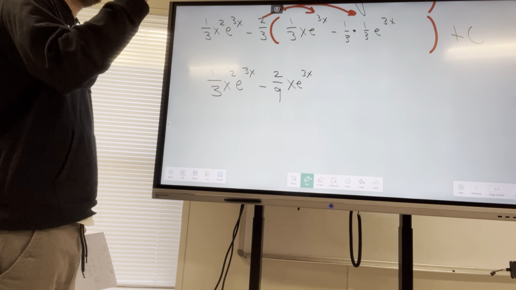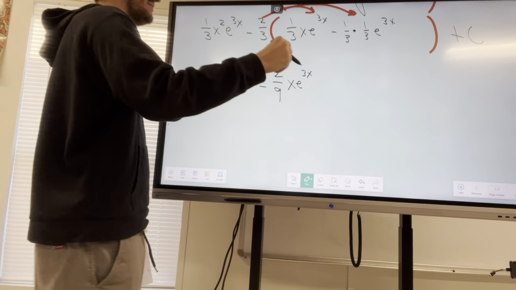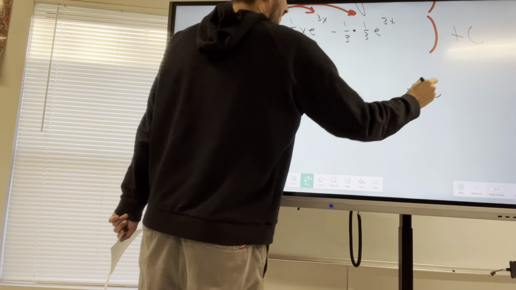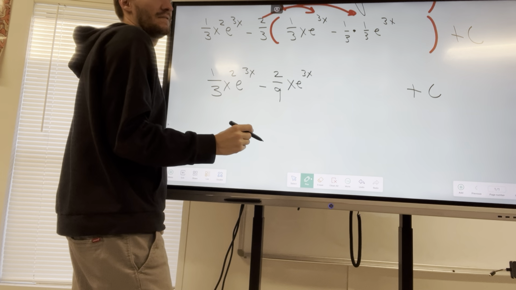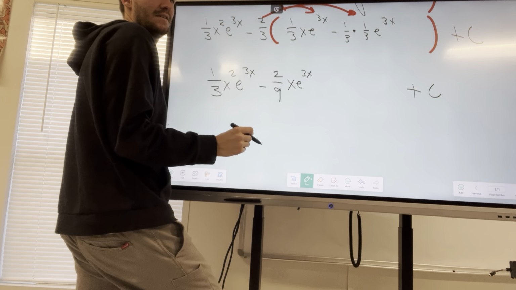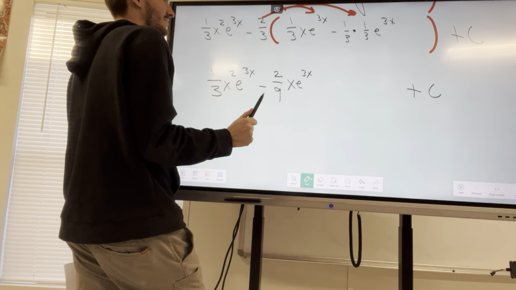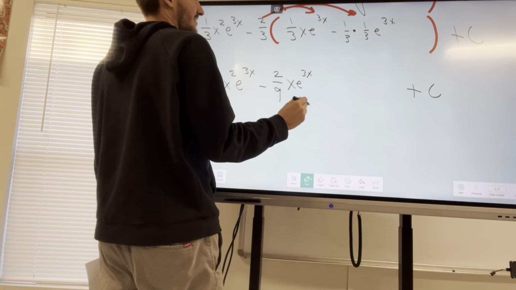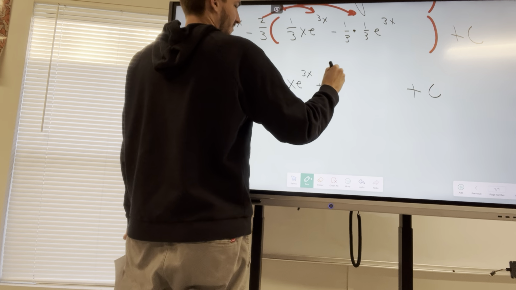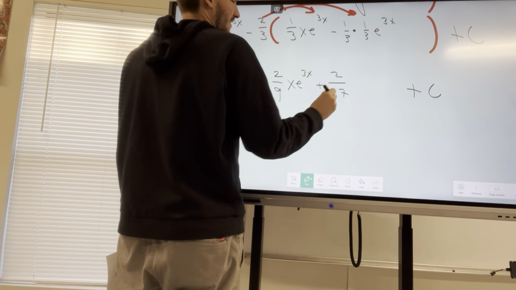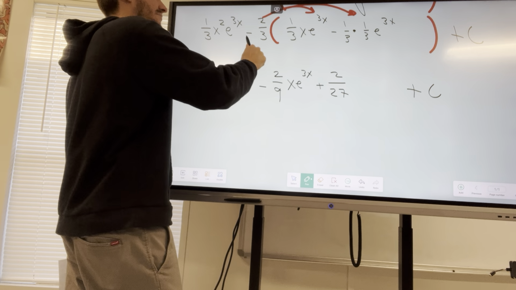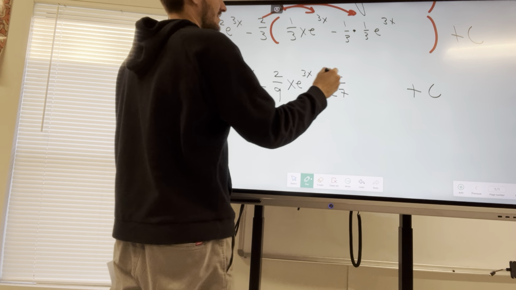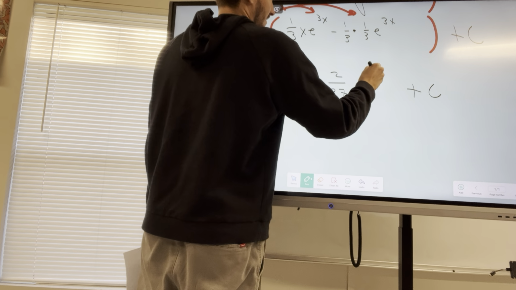And what would the coefficient be of my third term? What do you guys got? Plus 2/27. Perfect. Nice job. Plus 2/27. That's a 2 on the top and a 3 on the bottom, making 27, e to the 3x.